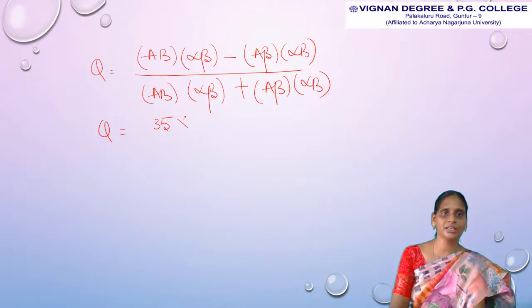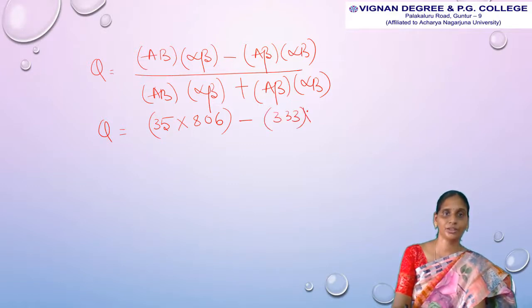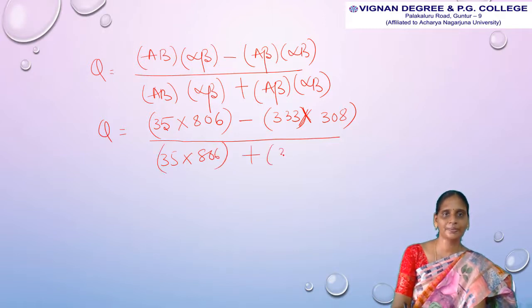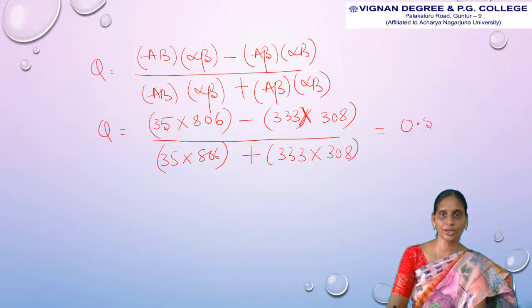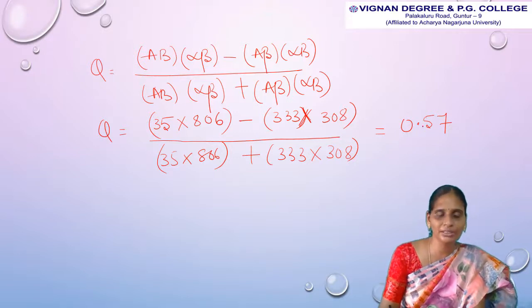Frequency of alpha beta is 806 minus frequency of A beta, 333, into frequency of alpha B, 308, divided by 35 into 806 plus 333 into 308. So after the calculation we get 0.57. So the value of Q is 0.57.